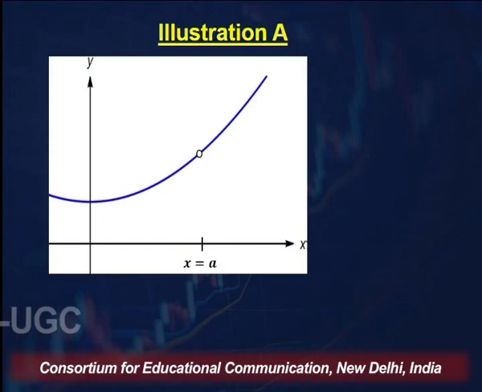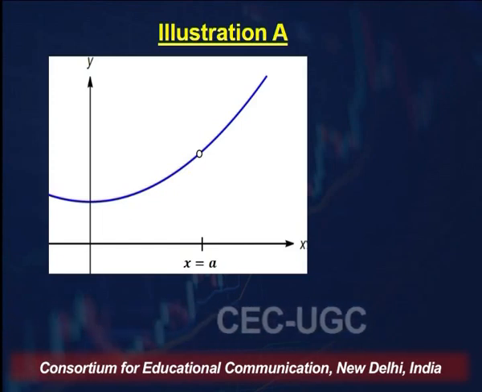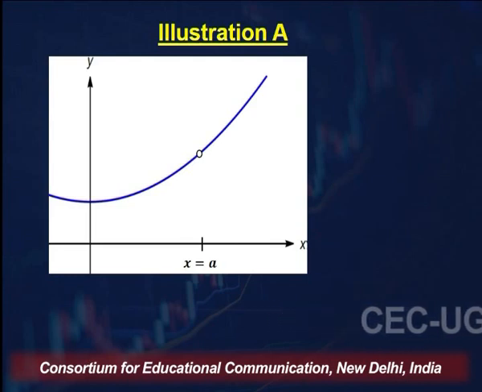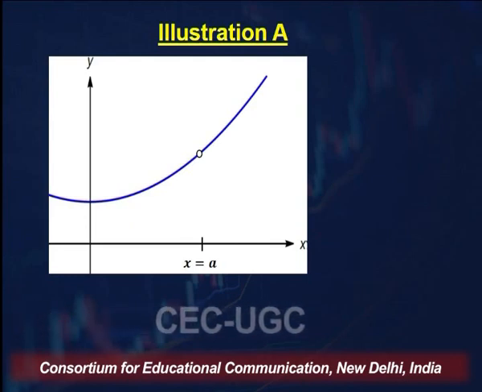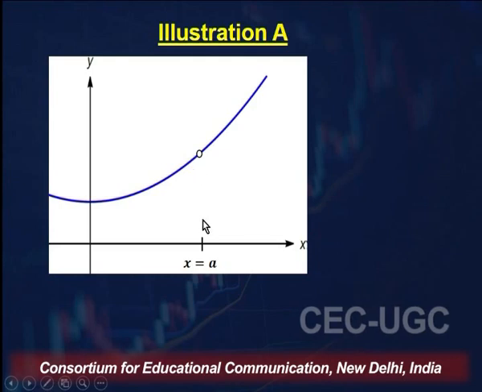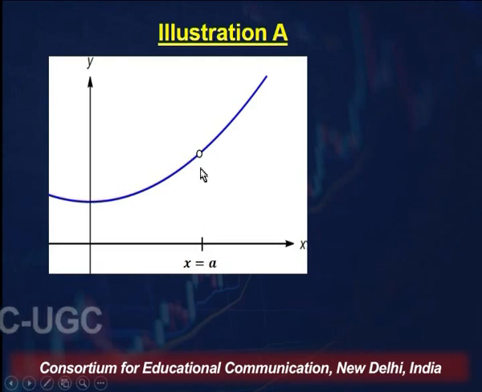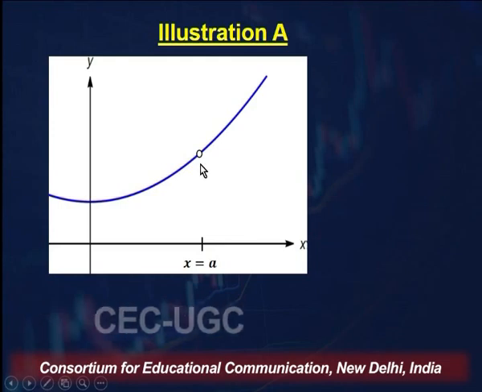Looking at this first visual, just keep the three conditions in mind. The first is whether the function is defined at x = a. The second is, does a limit exist? And the third is, is the limiting value equal to the value of the function at that point? Now look here. At x = a, this function is not defined. You have a hole in this graph.